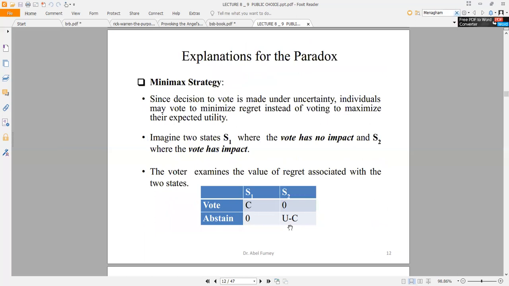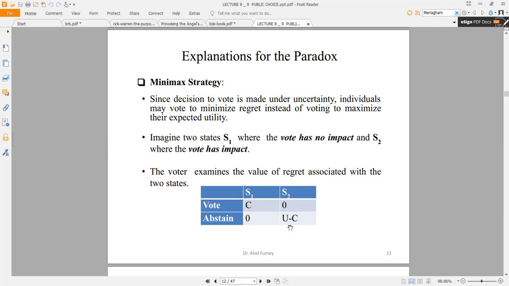All right, so how do we explain the voting paradox? Now we have seen that the expected utility from voting is negative, yet people vote. So why do people still vote? One explanation is the minimax strategy. What is this strategy about?